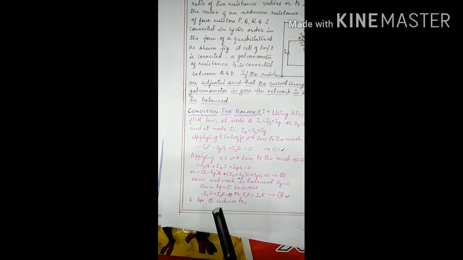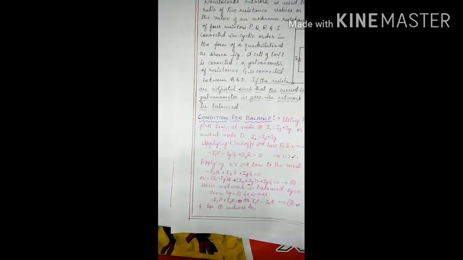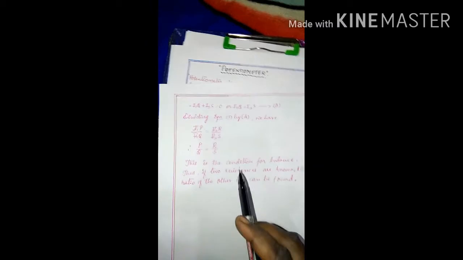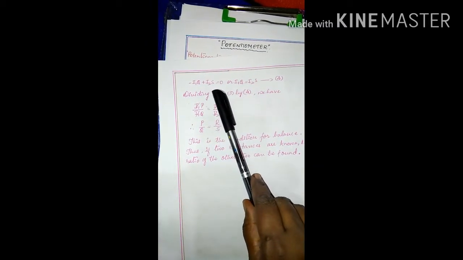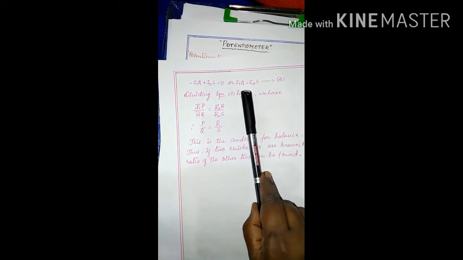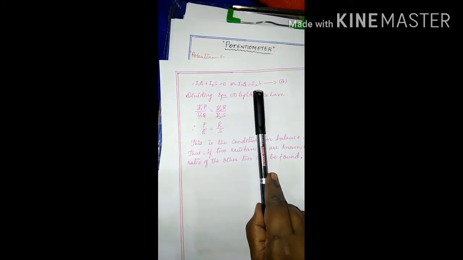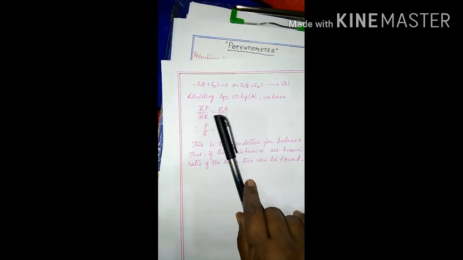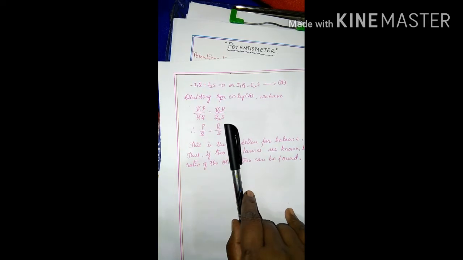Now, equation 2 also reduces to, here you can see, minus I1Q plus I2S equal to 0. So I1Q equal to I2S. Therefore dividing equation 3 and 4, we have I1P by I1Q equal to I2R by I2S.